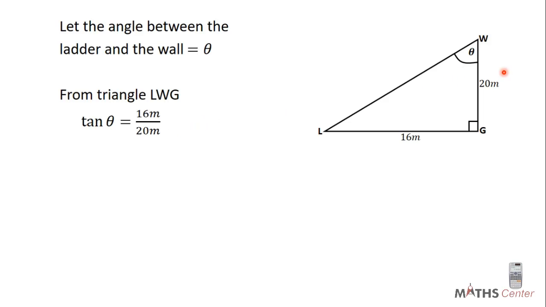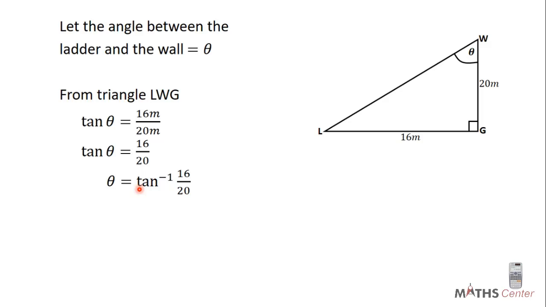From this diagram, tan theta is equal to 16 meters divided by 20. The meters and the meters will cancel, so we have tan theta is equal to 16 divided by 20. To find theta, you are going to find tan inverse of 16 divided by 20.